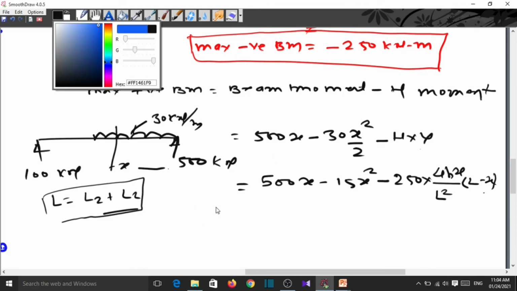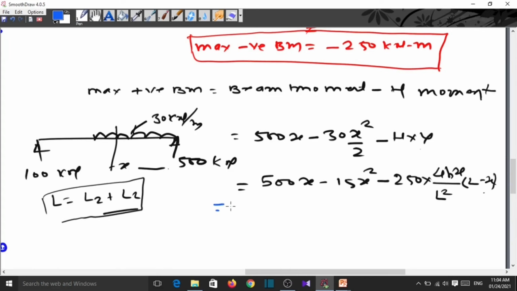So we can see that here it is equal to 500x. Here this becomes 20 plus 20, that is equal to 40 meter.